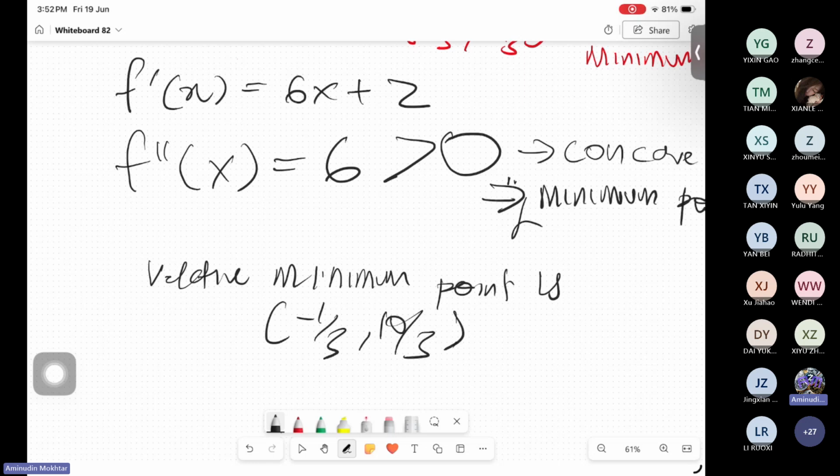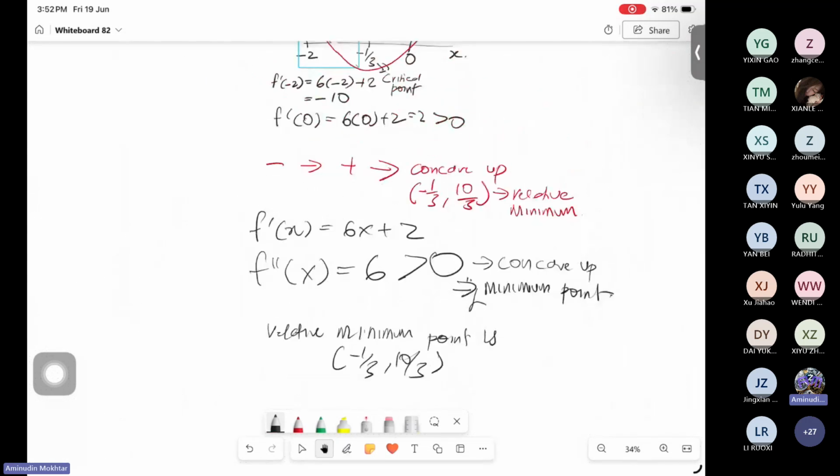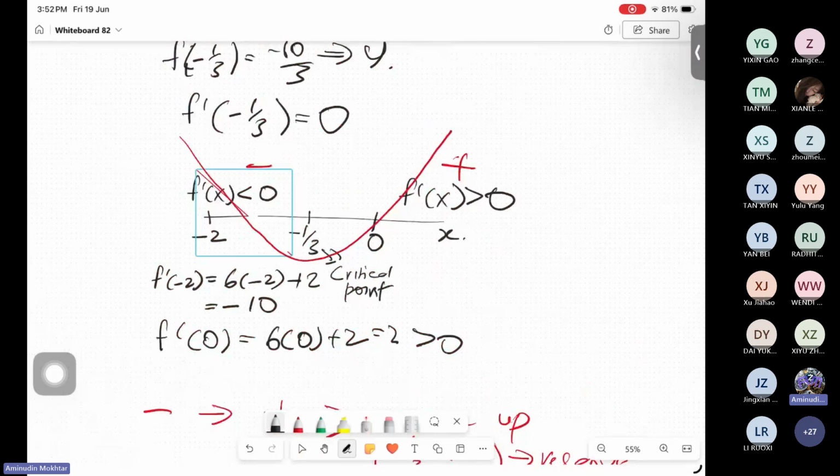That is the concept of the first derivative and second derivative in order to determine the concavity or the maximum or minimum value. Okay, this example is referred to the quadratic equation.